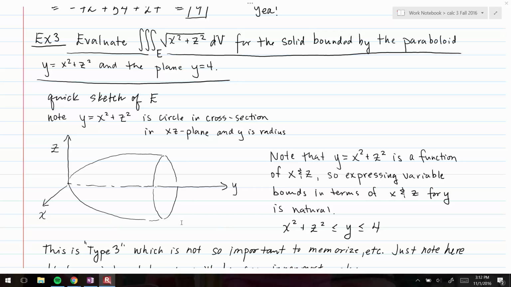And then there's a plane y equals 4 that is the greatest y. So there are variable bounds, well, not the 4, but we got that surface of the paraboloid taken care of in one of our bounds. And that's going to be our innermost one.